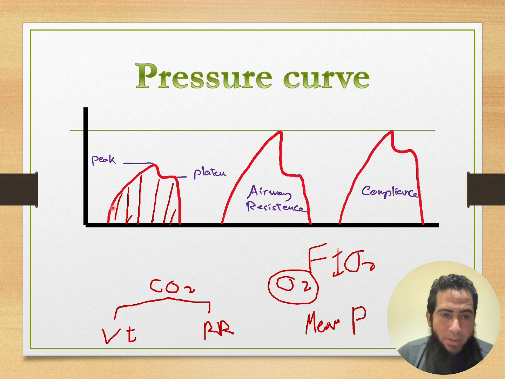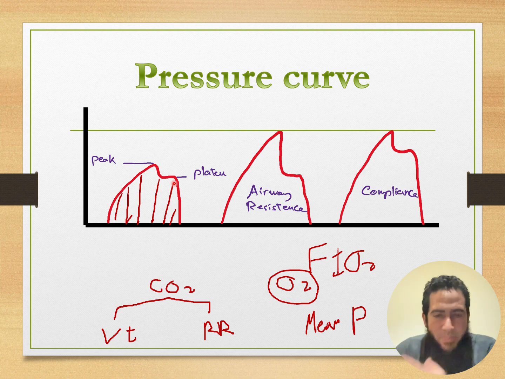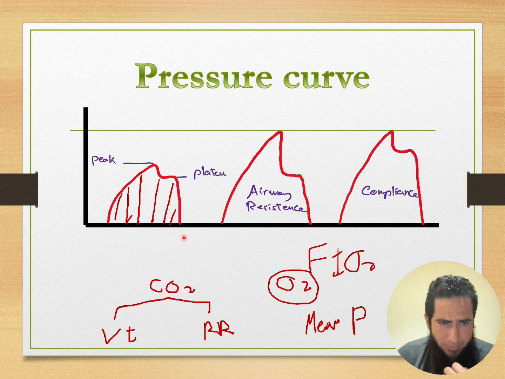Because imagine, for example, that this curve goes up here and ends here, goes down immediately here. So you will lose this part of the curve. All right, so this part of the curve will be lost, so the mean airway pressure will decrease, and hence the PO2.